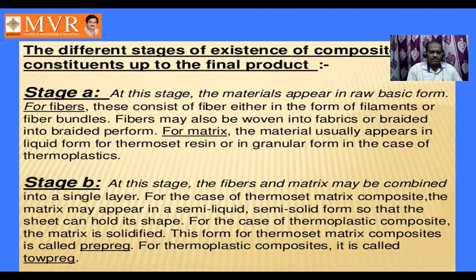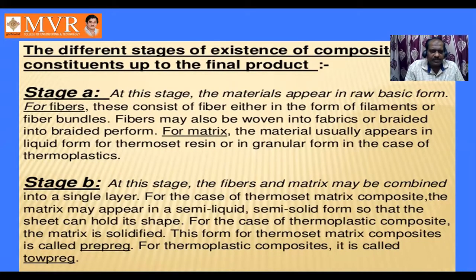So if you observe, in stage B we have two types: thermoset plastics and thermoplastics. For thermosets, it is called a pre-preg, which is in a semi-liquid or semi-solid state. If it is thermoplastic, it is called a tau-preg.